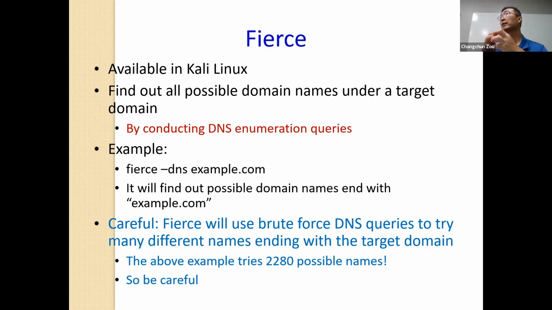It doesn't need to be the DNS server owned by the target company. It can be any public DNS server. So it's still belonging to this reconnaissance category. Remember, reconnaissance means you collect information without sending any traffic to the target. So this satisfies that rule.